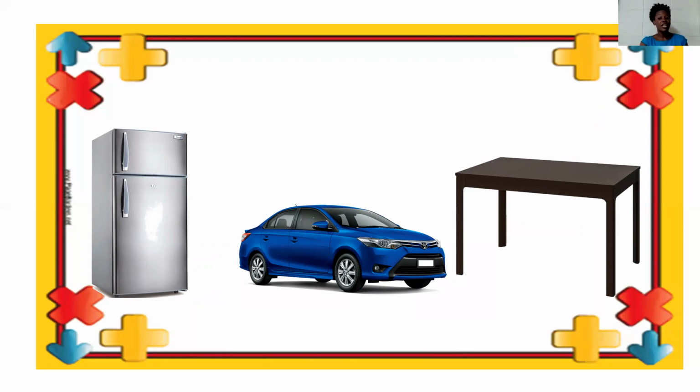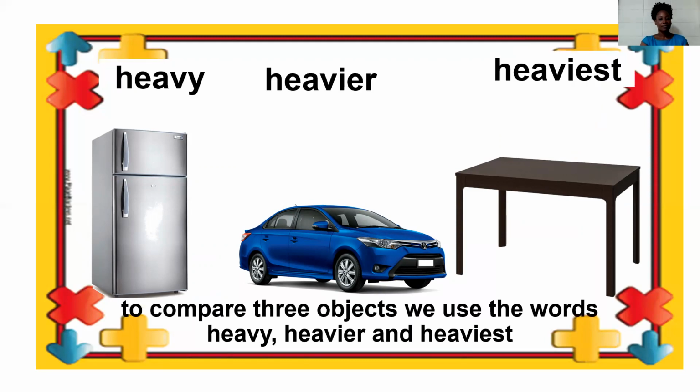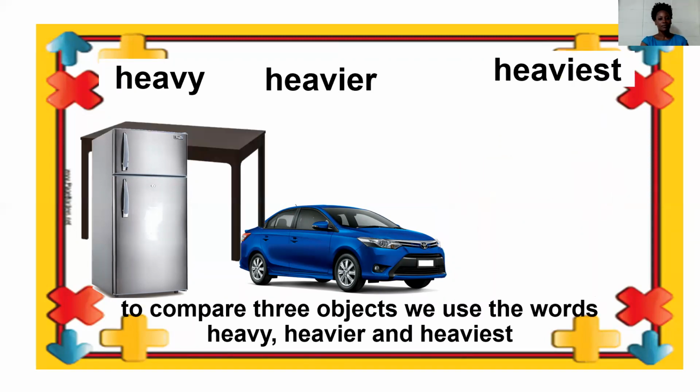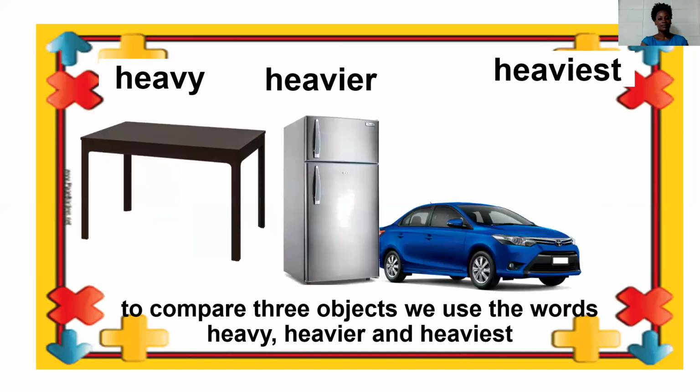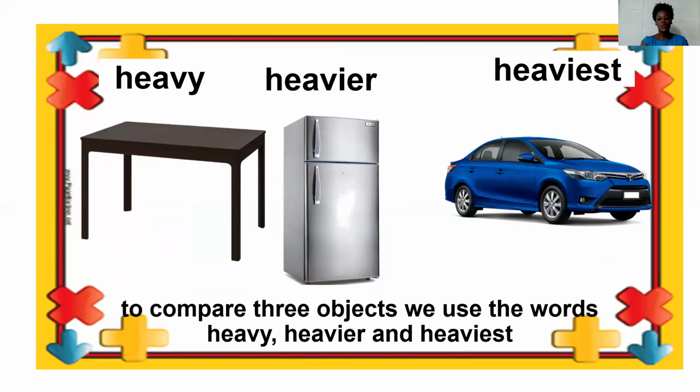Can you arrange them from heavy to heaviest? If this is what you did, you are correct. The table is heavy, the refrigerator is heavier than the table, and the car is the heaviest.